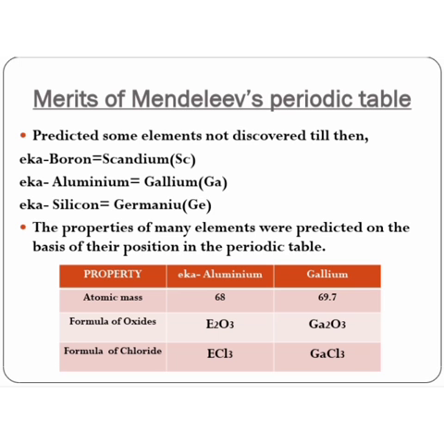So children, in the classification by Mendeleev, there are a few demerits as well as merits. First we shall learn about the merits of Mendeleev's periodic table. What were the merits? He predicted that some elements were not yet discovered and would be discovered in future, so he left blanks in the table.